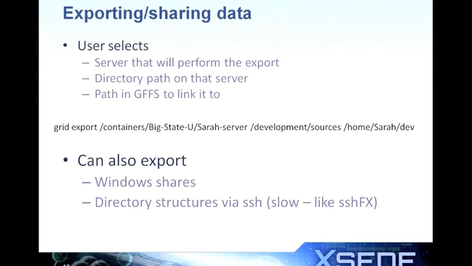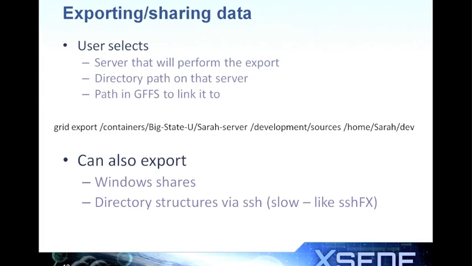The way that you do it is you run a tool called export. There's also a GUI equivalent of this, but with this audience, I thought the command line version would probably make more sense. You specify the server that you're going to be doing the export from, in this case containers, big state use, Sarah server. The path on that server, development sources, for example, and the path she wants to link it into in the GFFS, home Sarah dev.